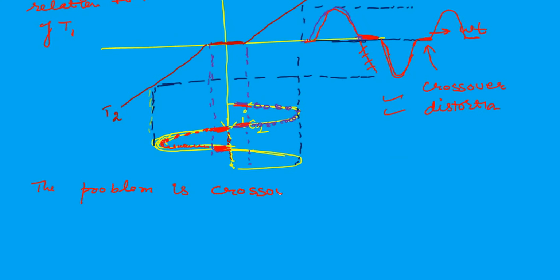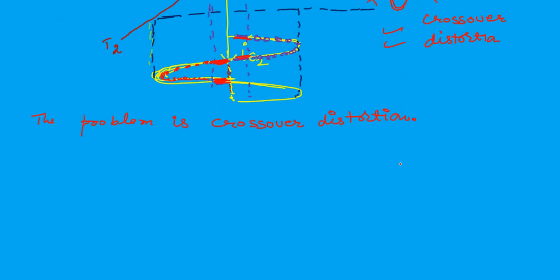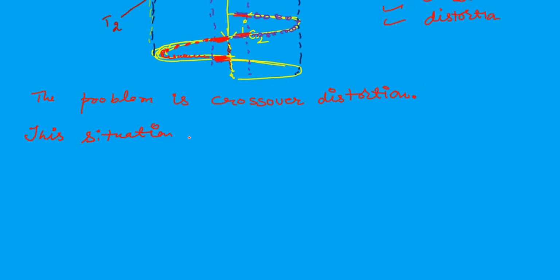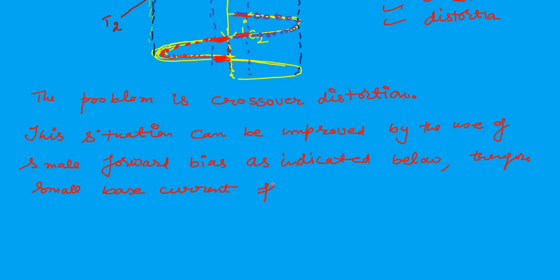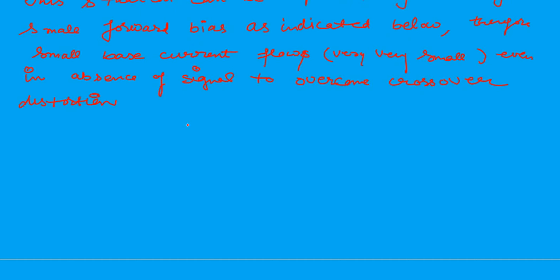Now, how is the problem overcome? This is again a question. The situation can be improved by the use of small forward biasing to the transistors, as indicated above, so that some base current always flows, very, very small, even in the absence of the signal, to eliminate the crossover distortion.